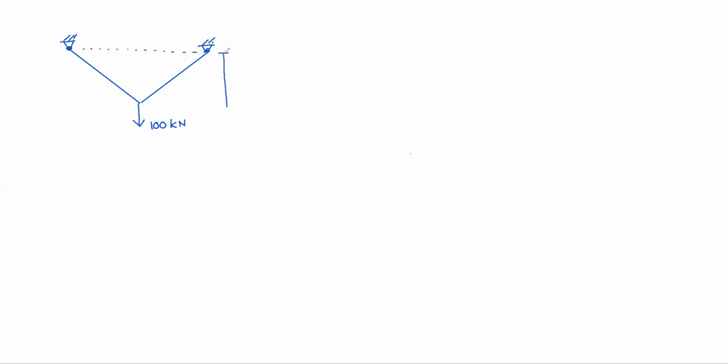Assume this is 3 meters. Here it is 4 meter, 4 meter. Of course, it is symmetrical structure, okay? Now you can find support reactions here. The support reactions are like this. See here, the 100 kilonewtons, because of symmetry, 50 kilonewton, 50 kilonewton.